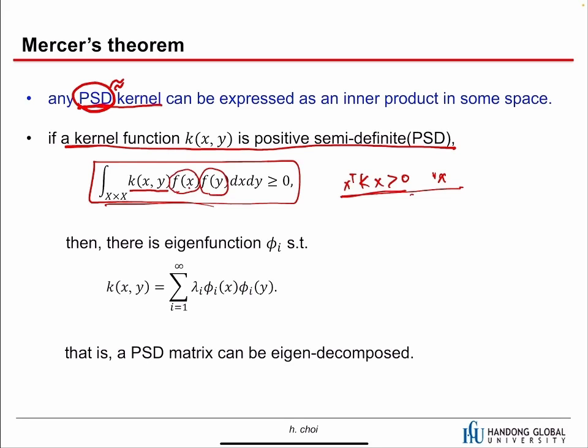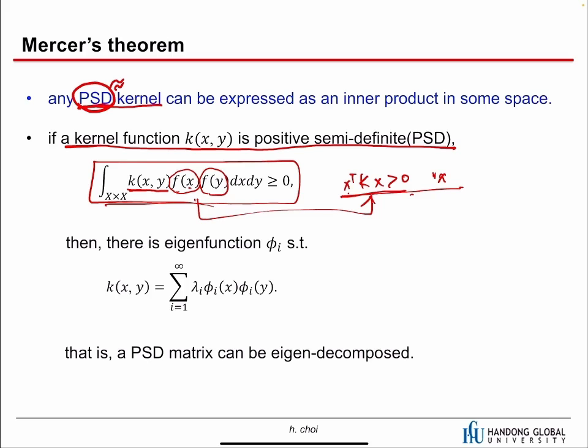If we change this x, then f of x will be a vector and f of y will be a vector, and k of x, y will be a kind of matrix. Basically, this is the same thing. But in this case, f of x could be in an infinite dimensional space, which is a little hard to imagine in this case. But basically, they are talking about the same things.